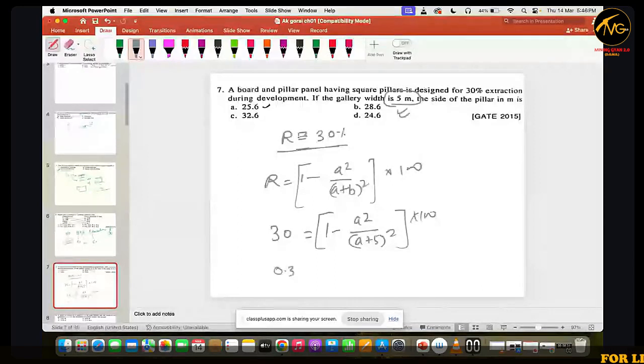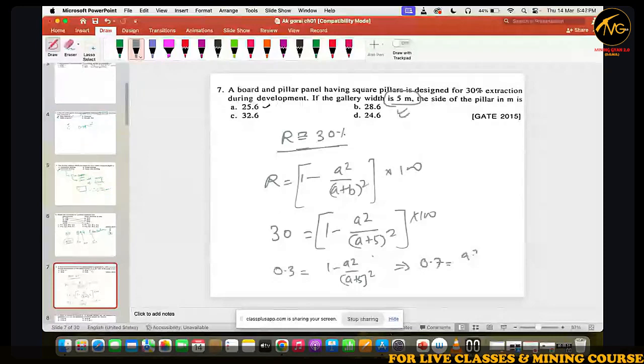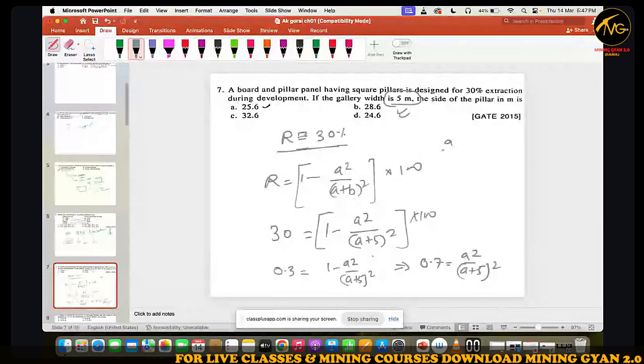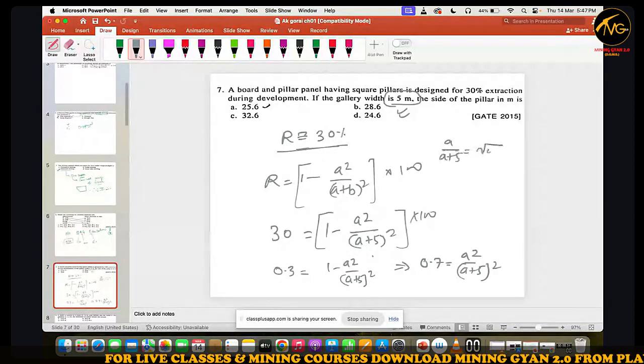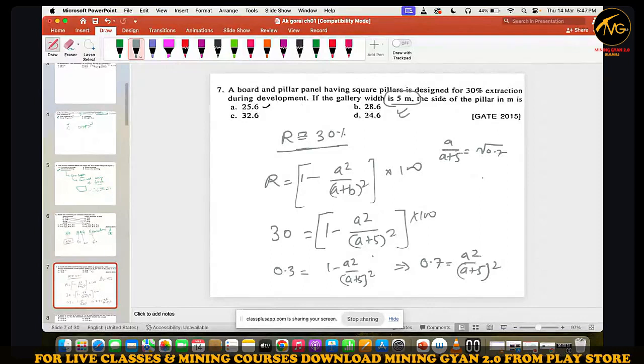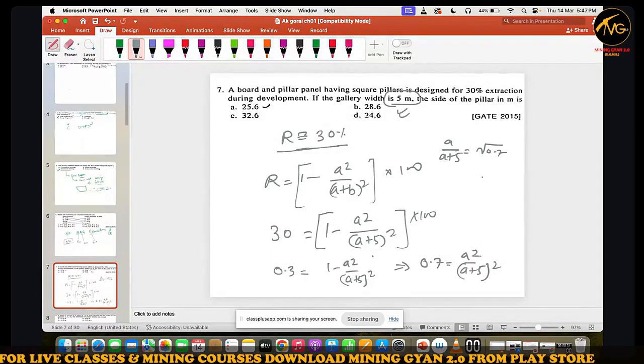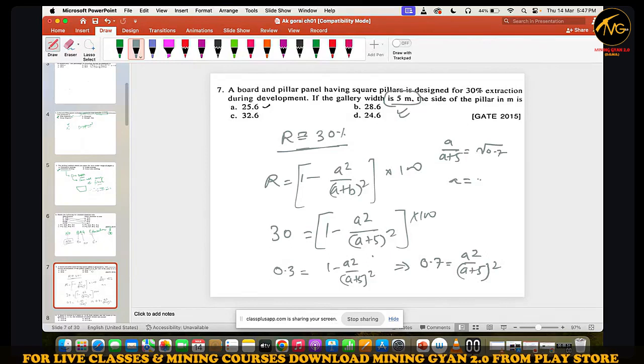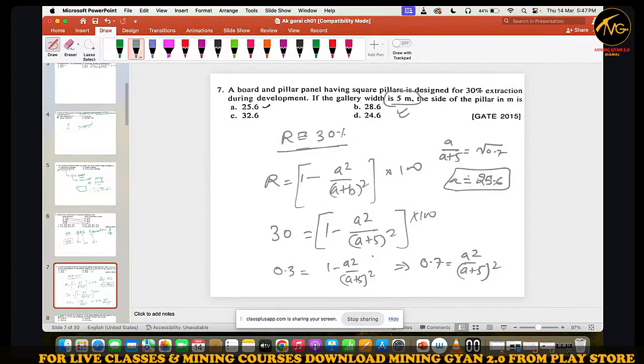It will be 0.3 = 1 minus A squared by (A plus 5) squared. When we solve, it will be 0.7 = A squared by (A plus 5) squared. Solving, A by (A plus 5) = root of 0.7, and we will get A equal to 25.6.